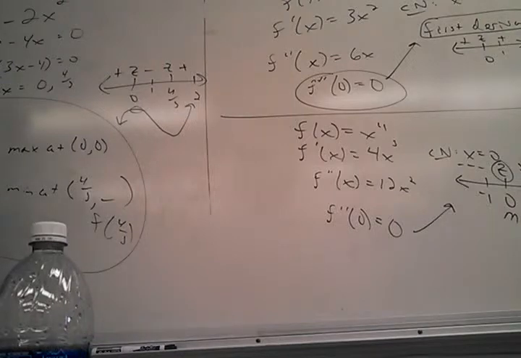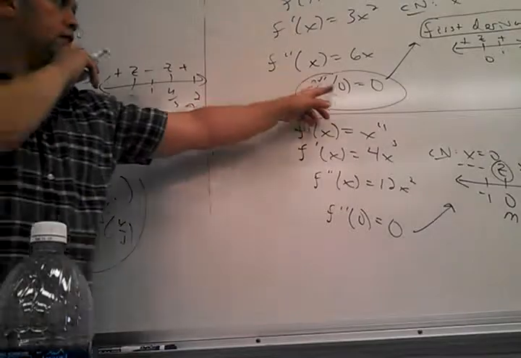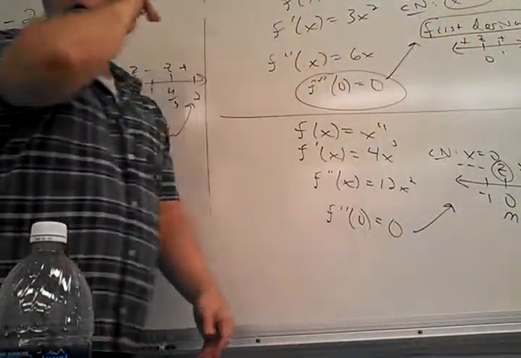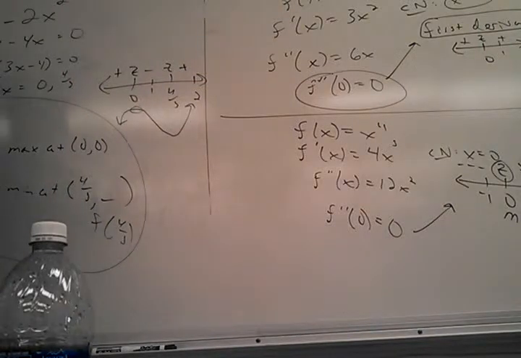Why do we plug in the 0 for the first derivative test? Because it was the critical number. If you find the critical number, that's where it might turn. If you look at the second derivative and it's concave up, it's a min. It's almost too simple to believe.